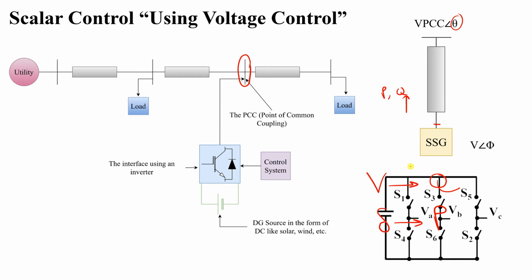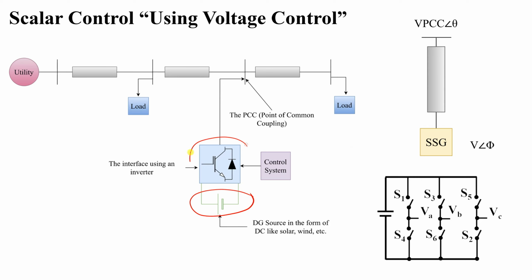So first we have this system, the DC source, and we have our inverter, which consists of a group of switches, a three-phase system A, B, C, which is the output voltage for our system, and it has a group of upper switches and a group of lower switches.